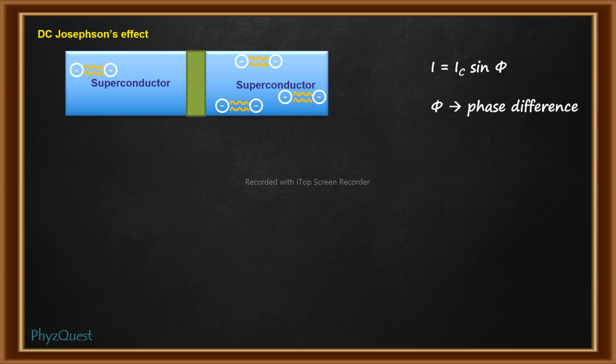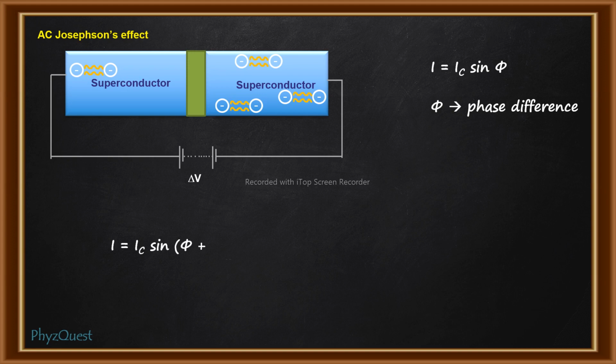But when the two superconducting materials are connected by a DC source, an AC current is produced. This is known as the AC Josephson effect. Why AC current? Because the supercurrent produced in this case has an additional phase shift which depends on time, and the expression is I equals Ic sin of (phi plus 2e delta V t by h cross).